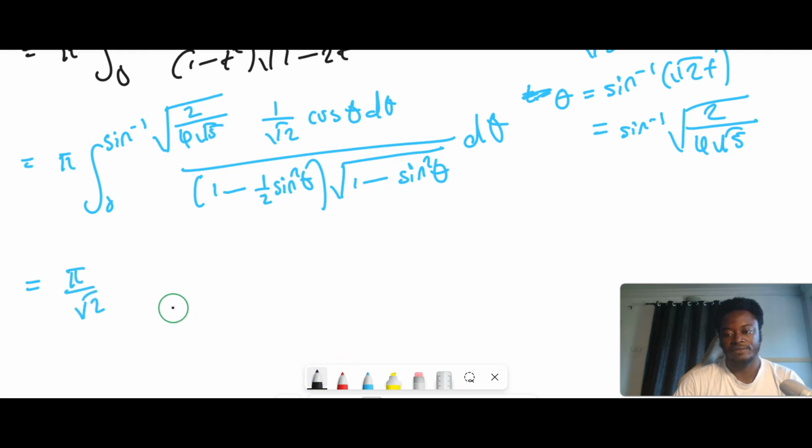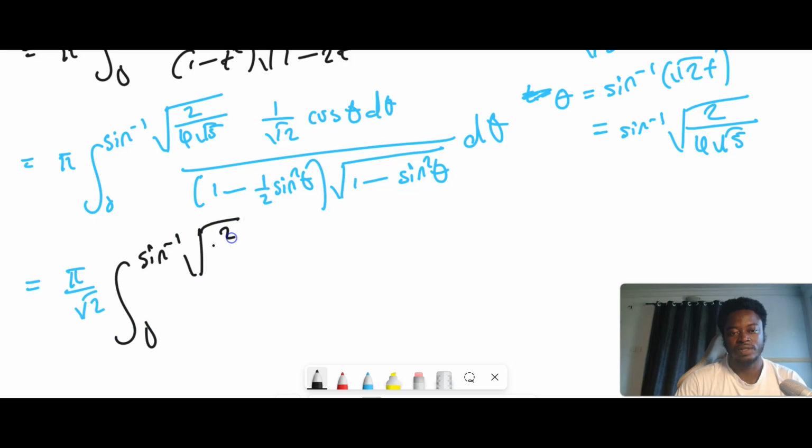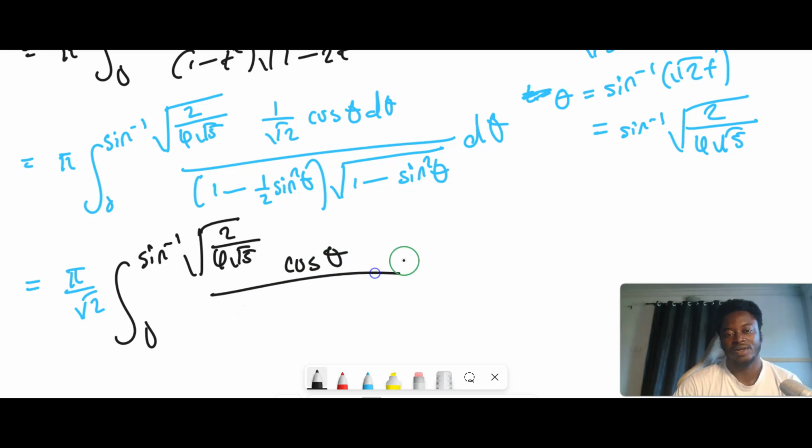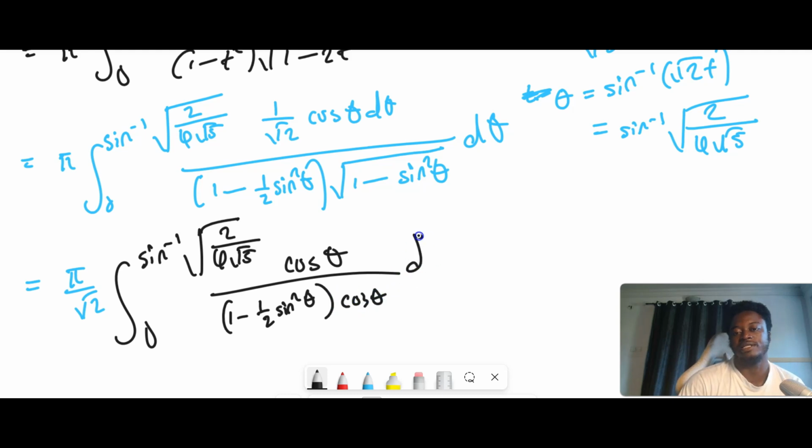Then you would have the integral from 0 to sine inverse of 2 divided by phi square root of 5. Then you have cosine theta all divided by 1 minus half of sine squared theta times cosine theta d theta.